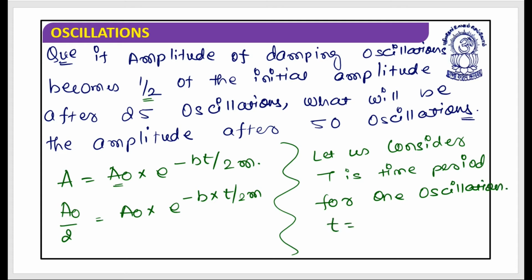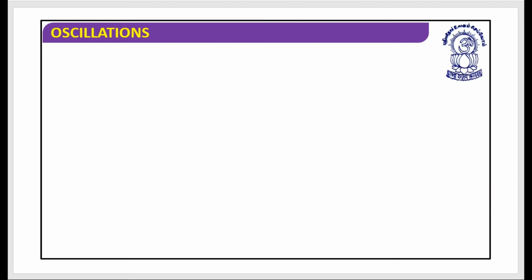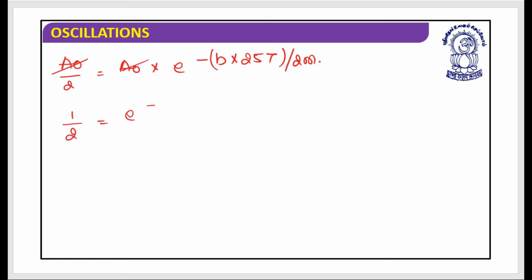Then for 25 oscillations the time taken is t = 25T. So A₀/2 = A₀ e^(−b·25T/2m). If I solve this, A₀ cancels, and 1/2 = e^(−b·25T/2m).